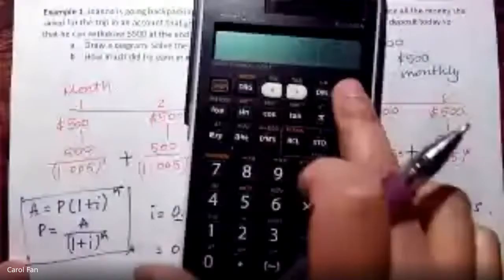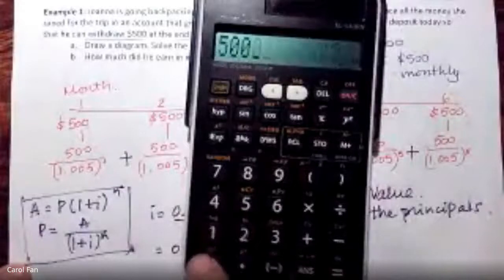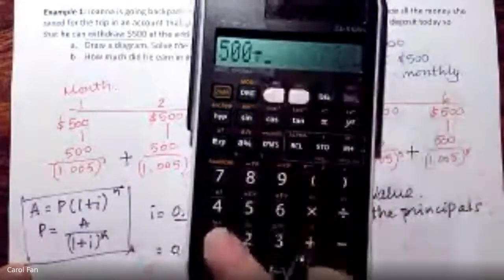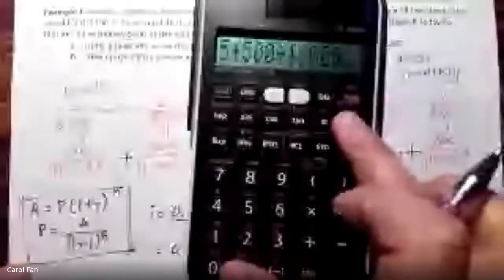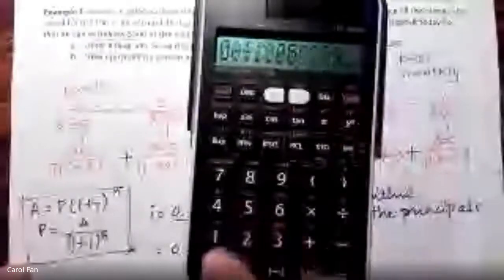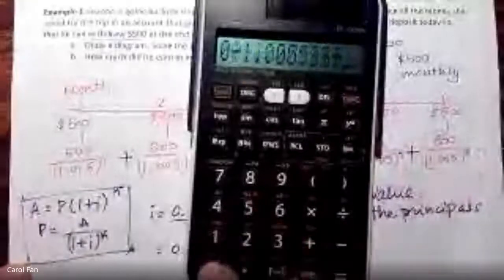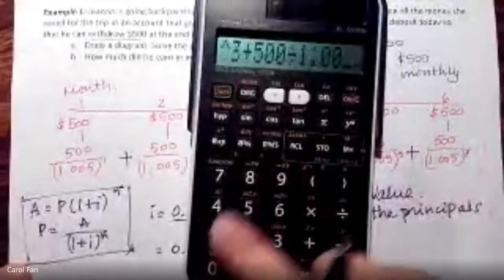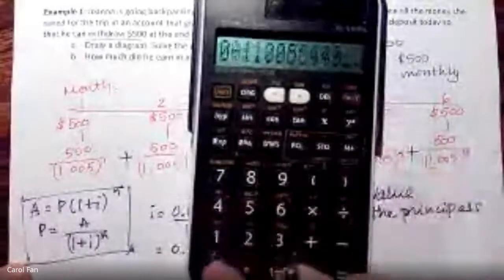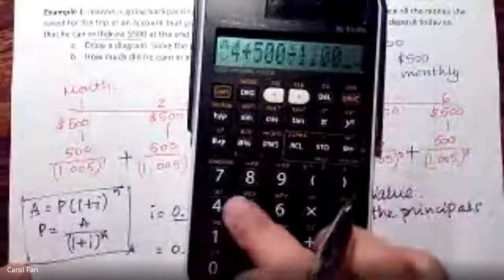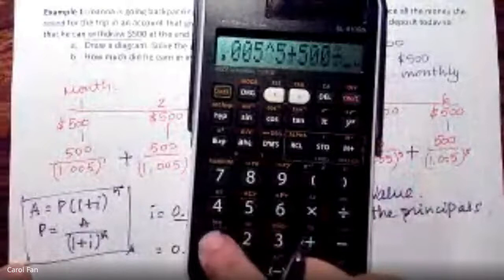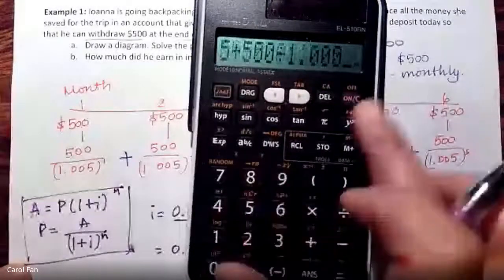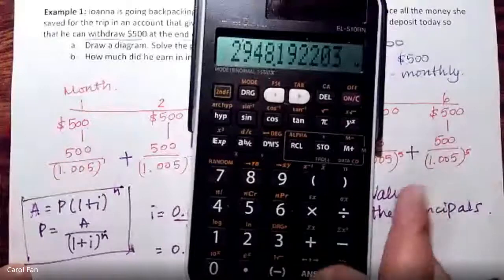I'm going to go through this in my calculator and type each one in. 500 divided by 1.005 plus 500 divided by 1.005 to the power of 2 plus 500 divided by 1.005 to the power of 3 plus 500 divided by 1.005 to the 4 plus 500 divided by 1.005 to the 5. And finally, our last one, 500 divided by 1.005 to the power of 6.